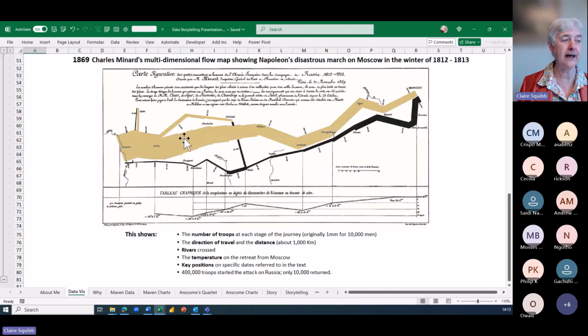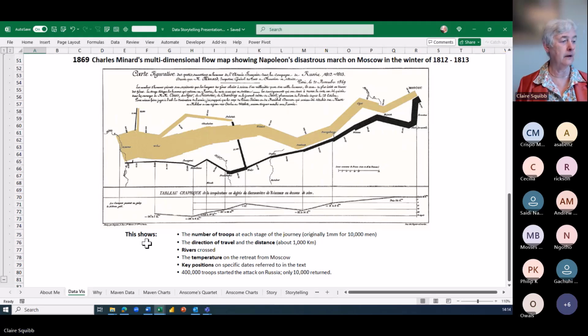During that time, they had various battles. They had to cross rivers, and they were finding less and less to eat. So the army was dwindling in size because people were dying of starvation and illness. Eventually, they got to Moscow, but by then they were so depleted that they had to turn back. So the return journey, again, we saw them going back.